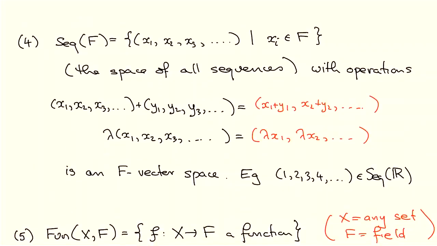Sequences is kind of like, if I drew those sequences as column vectors, this is really just like F to the power of n, but now n is infinity. So this sequence space is kind of like Fn, but now n is infinity, and instead of writing them as big long vectors like that, we're writing them like that. Anyway.